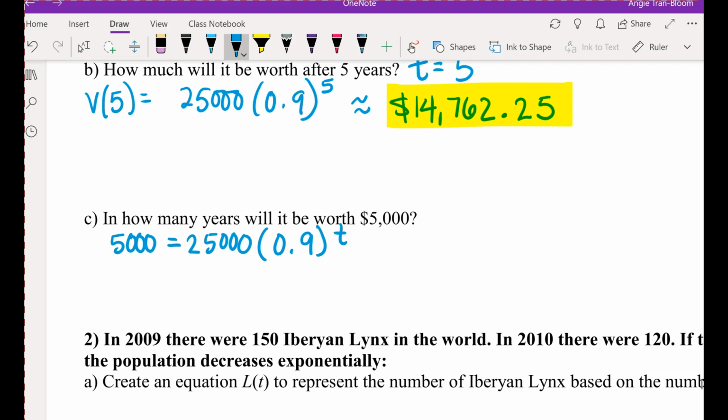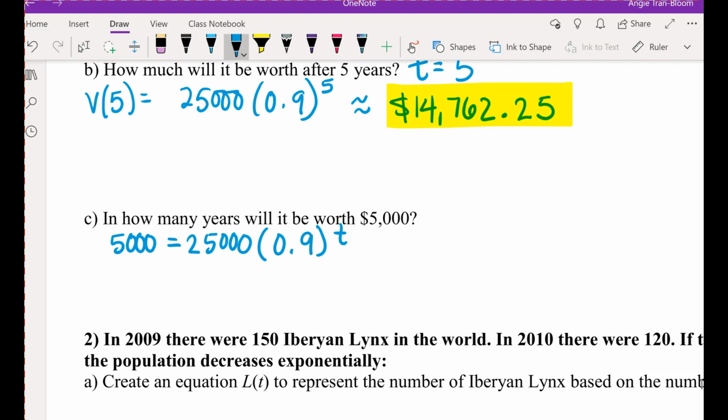Step number 1 in solving for t. Dominic, what do you want to do? Good. Take your calculator, divide both sides by 25,000. There's also a mode in your calculator that I want you to learn. Once you take 5,000 divided by 25,000, find the button that says math.